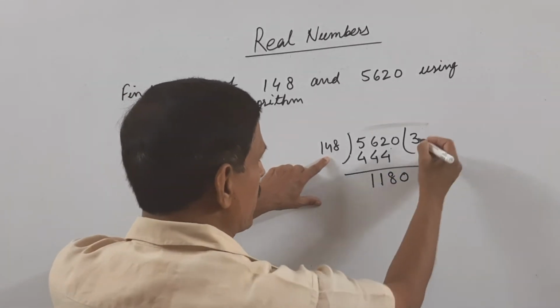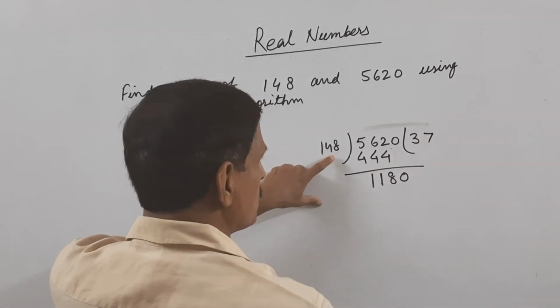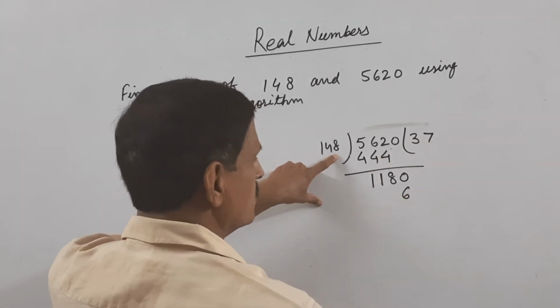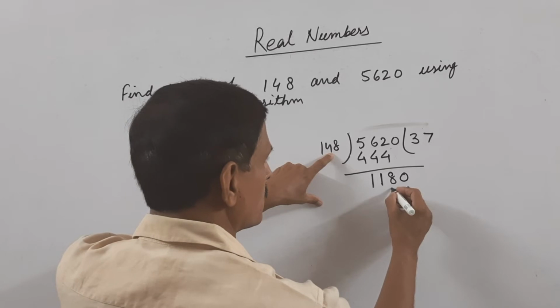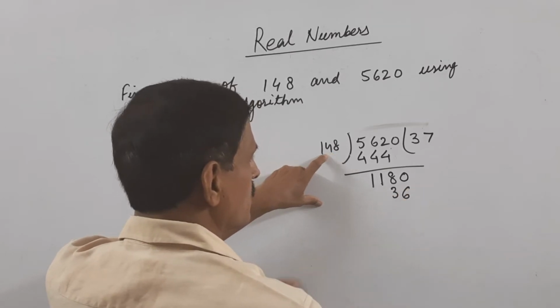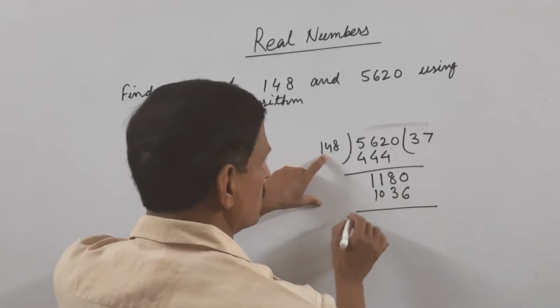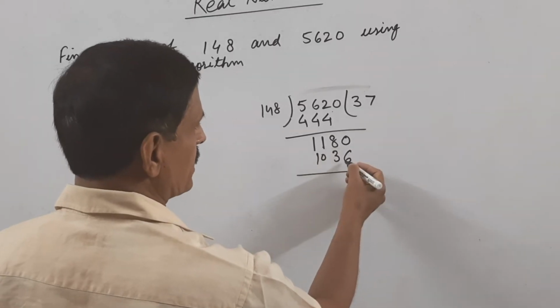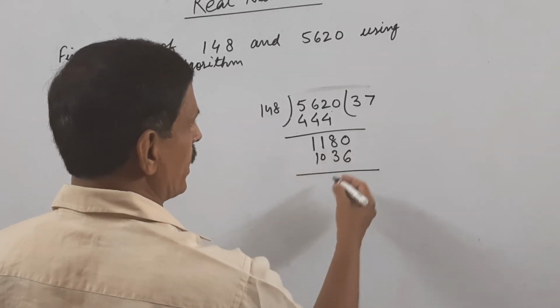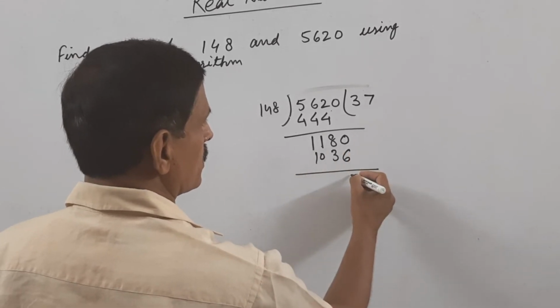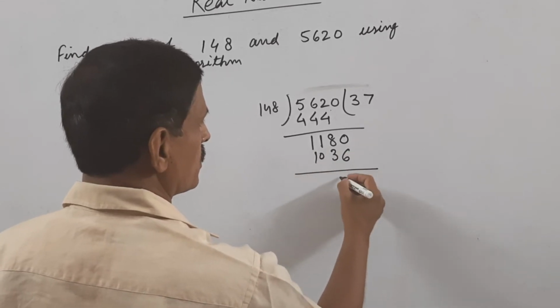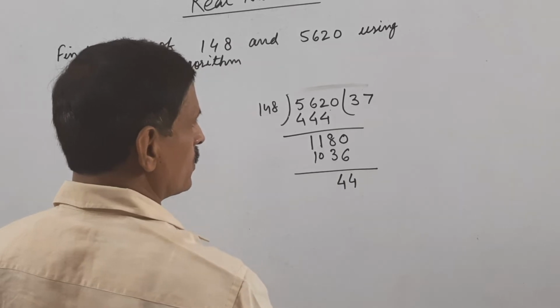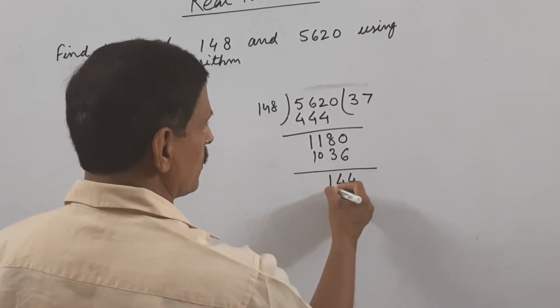And now we multiply it by say 7. Now we subtract this 1036 from 1180. This is 144.